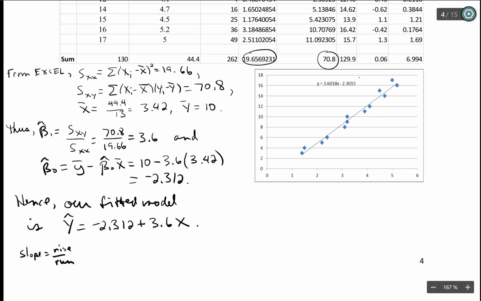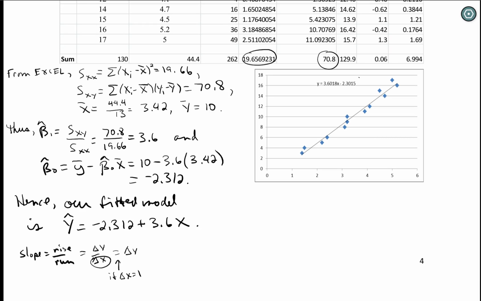Or another way to think of it was the change in y over the change in x. And so what that meant was that if I force the change in x to be 1, then the slope is simply the change in y.